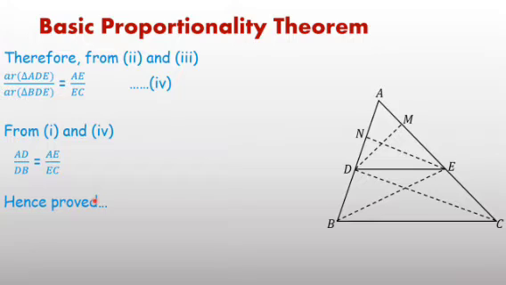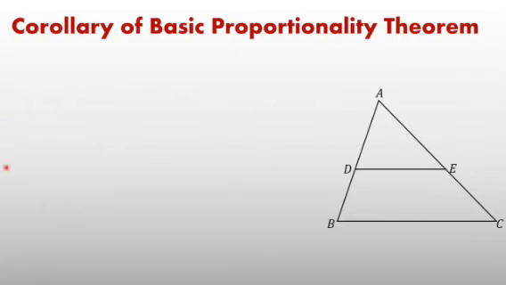Now some more results we have to discuss with the help of BPT. Since the figure is drawn in triangle ABC, DE parallel to BC, therefore by BPT, you can write the result as AD upon DB equals AE upon EC.